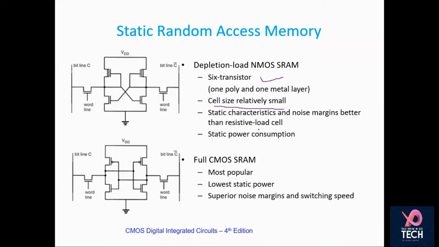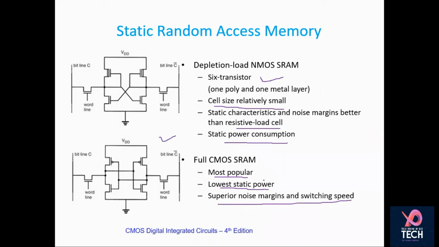Static characteristics were better than a resistive load cell. Static power consumption is there. Here you can see this is the most popular, with low static power, superior noise margins and switching speed. That's why this particular cell is preferred. So this is the difference between depletion load and the other.